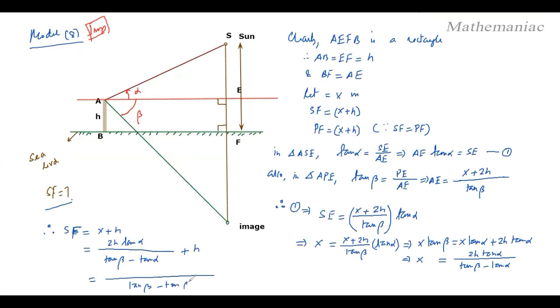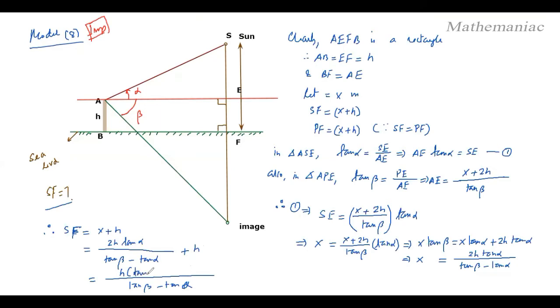Tan of alpha here. So in one step I am going to solve it. H will be taken common, right? So here what will it be? Tan alpha, h tan beta. What will we get? 2 tan alpha minus h tan alpha.